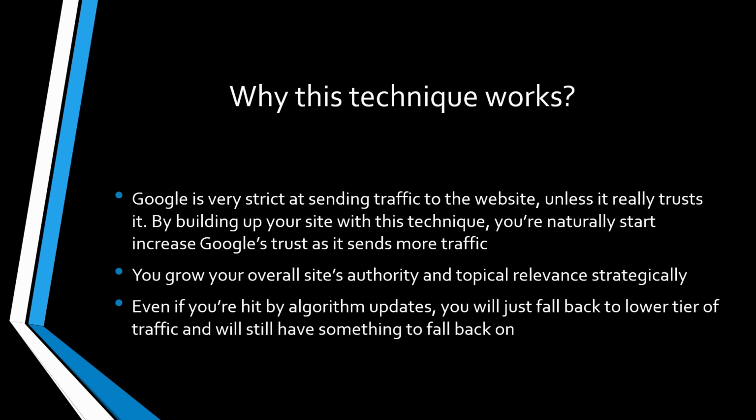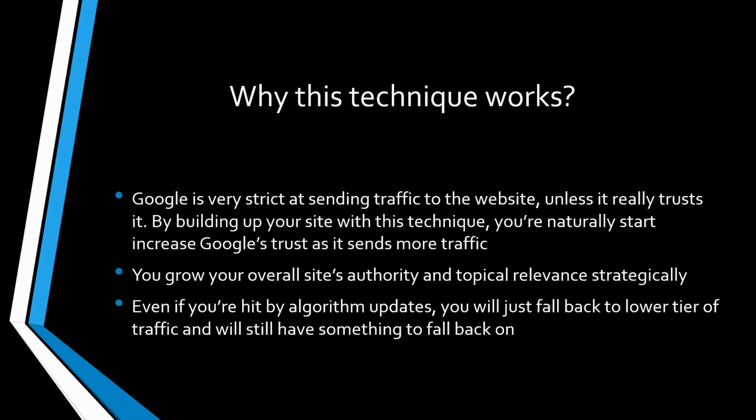So let's say you were getting 10,000 visitors per month, an update came, you got hit, and now you fall back to something like 3,000 visitors per month, right? So you still have content in the 3,000 visitors tier, content with that lower search volume, and you'll still be able to gain some cash and some money from those lower tier keywords.